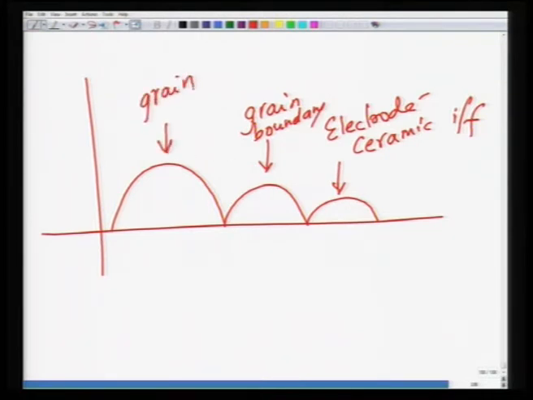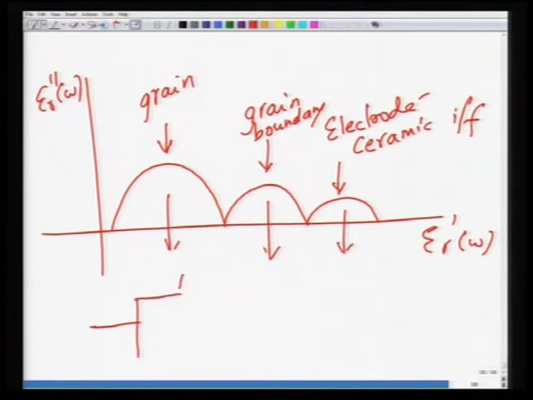As you see, this is epsilon r prime and this is epsilon r double prime. So you need to make a circuit for this, a circuit for this, and a circuit for this. Basically, you have three circuits running in parallel, in series.